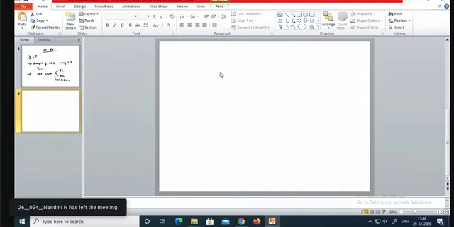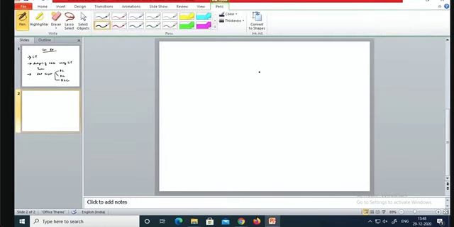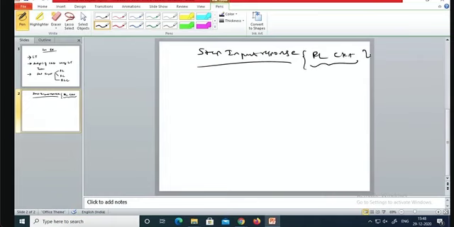Okay, so we shall take up one simple circuit, and do the transient analysis for step input response for RL circuit. You can just concentrate on the procedure; the same will be applicable for RC circuit and RLC circuit.